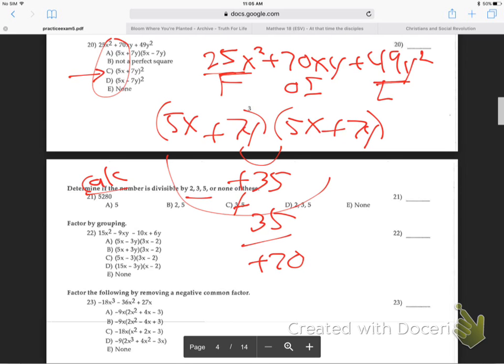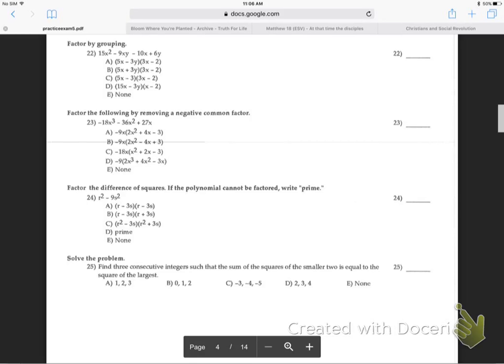So 22. 15x squared minus 9xy minus 10x plus 6y. For 4 terms, what do we do? It's always first 2, last 2.